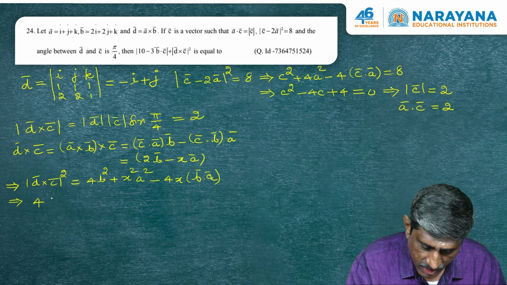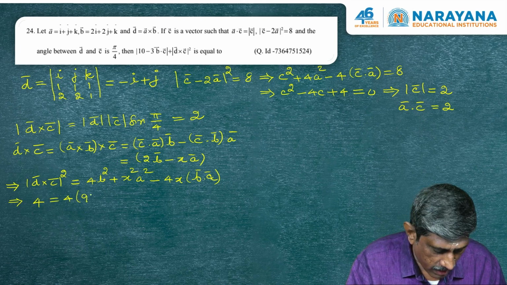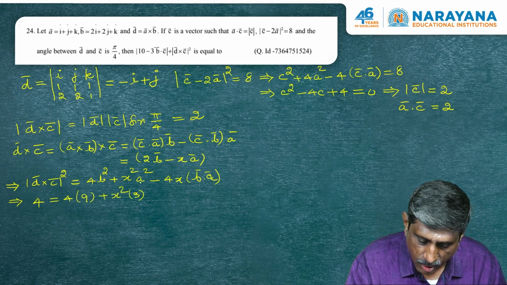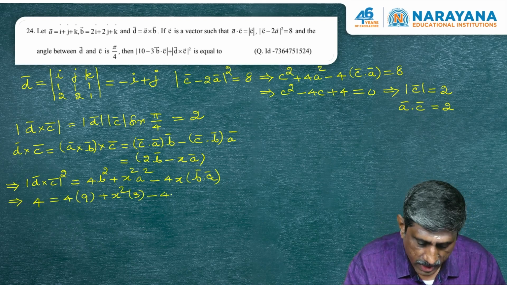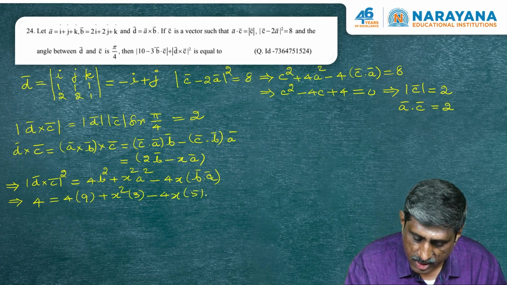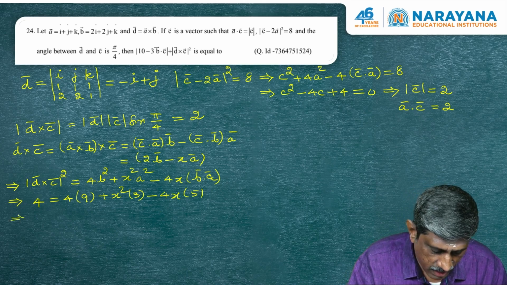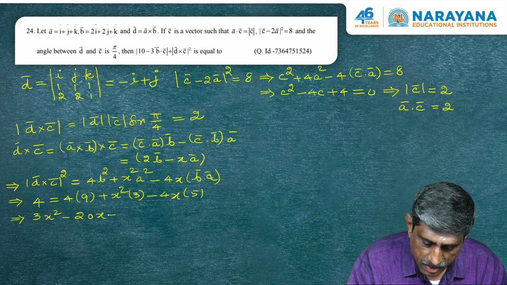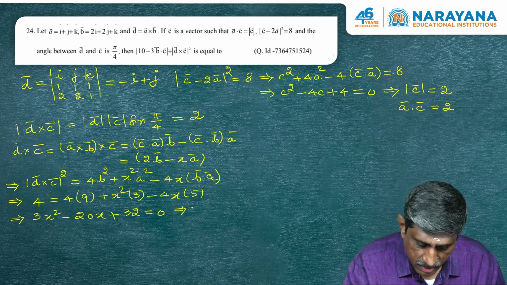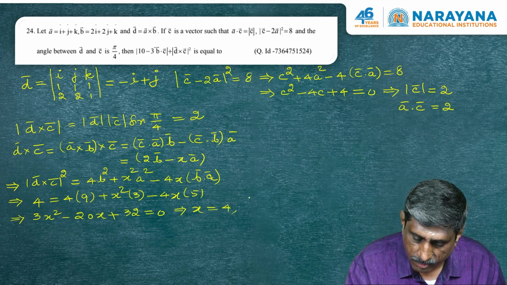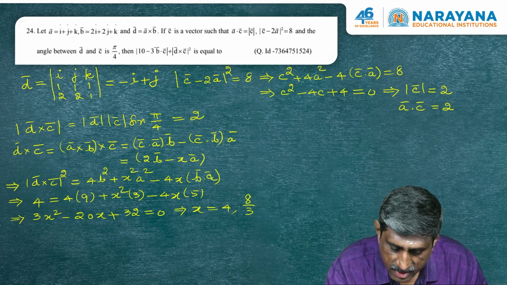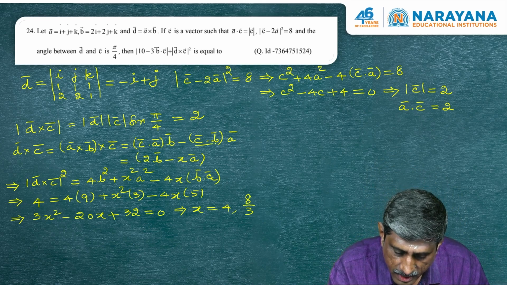So, 4 is equal to 4 into 9 plus X square into 3. Modulus of A bar we can calculate, that is minus 4x into 5. So, on simplification we are getting a quadratic equation as 3x square minus 20x plus 32 is equal to 0. On simplification x is equal to either 4 or 8 by 3. So, that is the value of x, which is clearly what is required, C dot B.